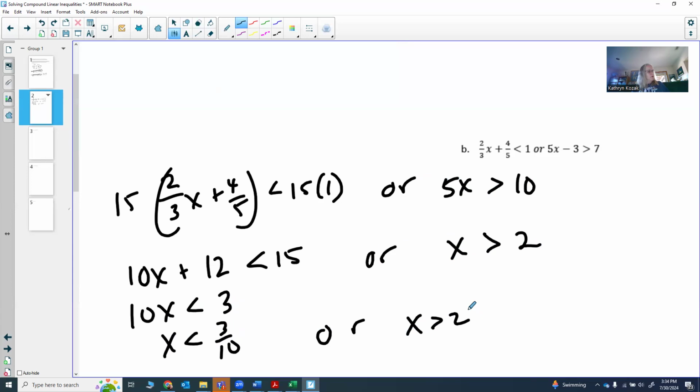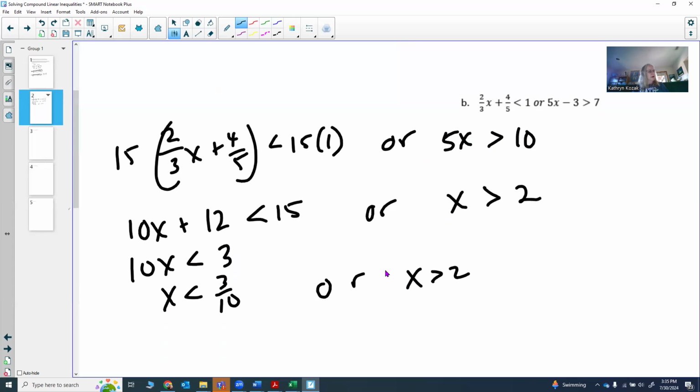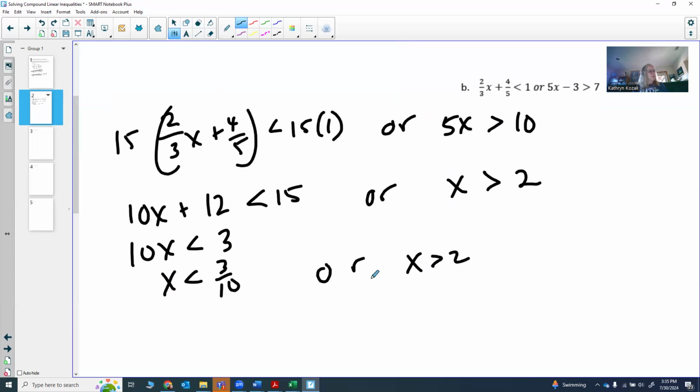So the solutions for x is less than 3/10 are such numbers as -3, -2.3, -1/5, 0, 1/9, and other values. Solutions for x is greater than 2 are numbers such as 3, 3.5, 5, 10, 25, and other values.